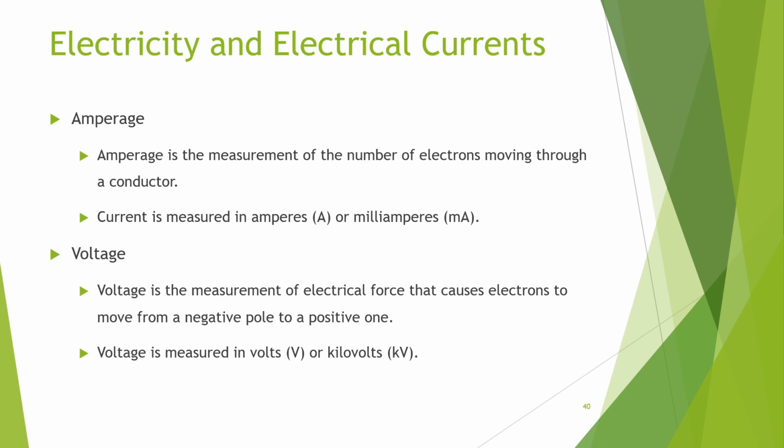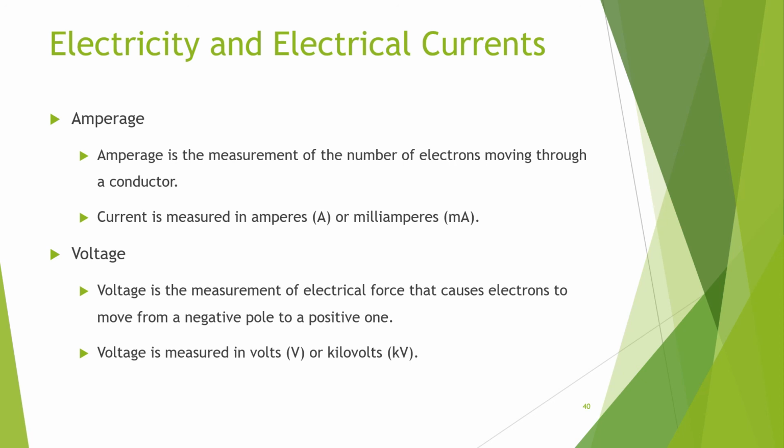Here you can think about it as if it were water, right? With amperage, we would have more water volume traveling in the stream. If we were talking about voltage, we would have a faster moving current. It would be like whitewater river rafting. So amperage talks about volume, whereas voltage talks about speed and power.